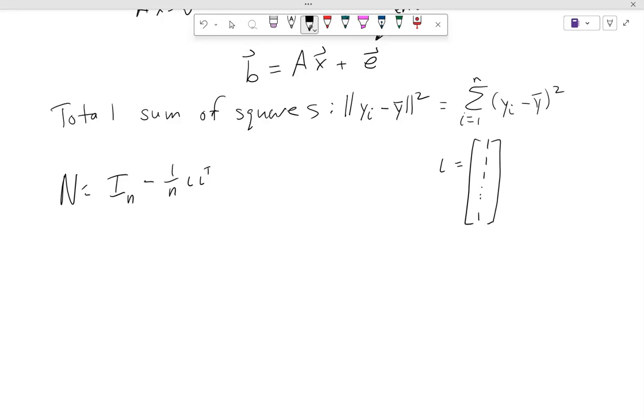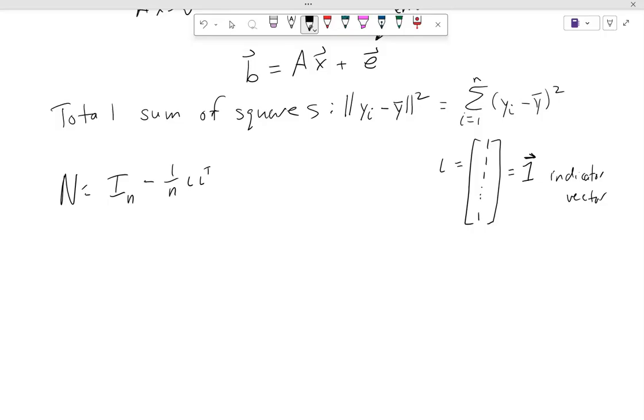It's just a vector full of ones. Sometimes this is called the indicator vector, and it's written as the number 1 in boldface, but I can't write in boldface on my paper very easily, even though I'm not writing on paper.